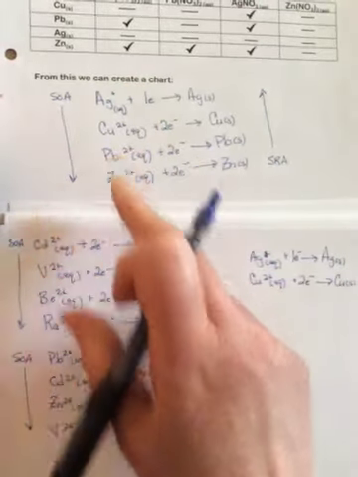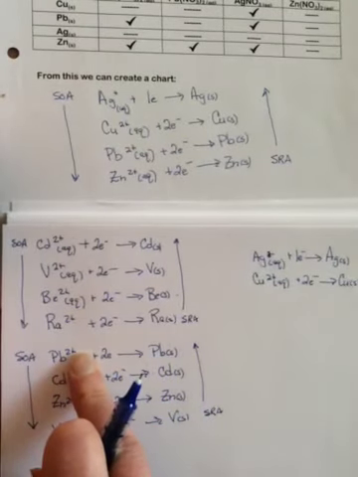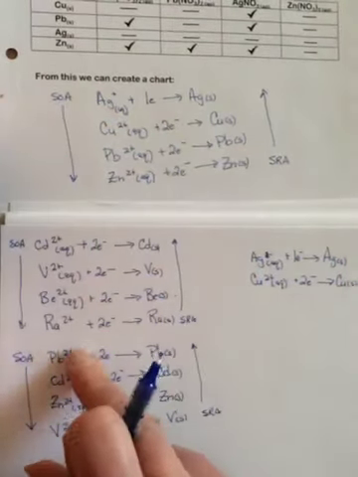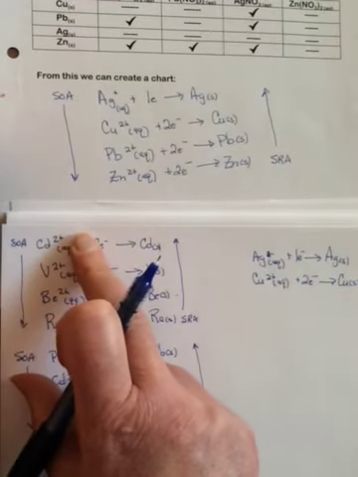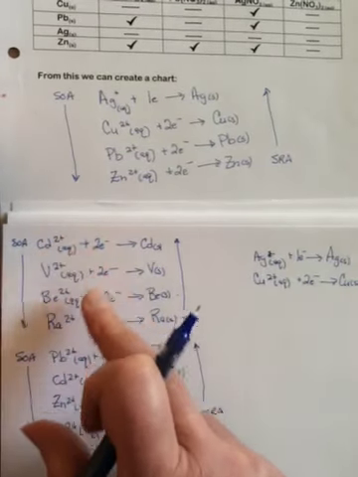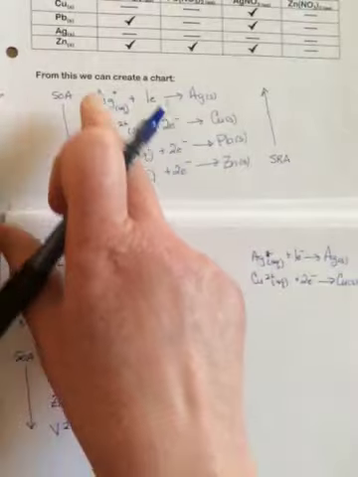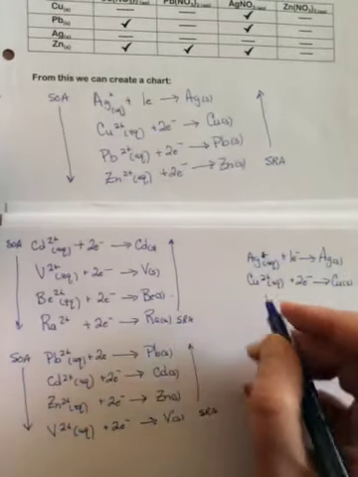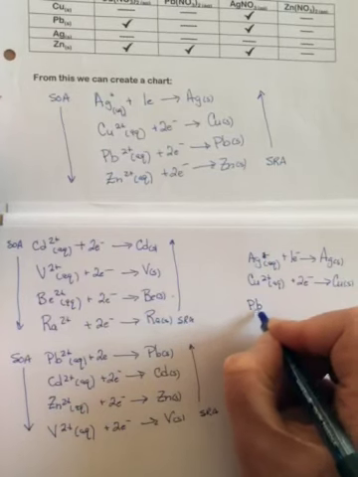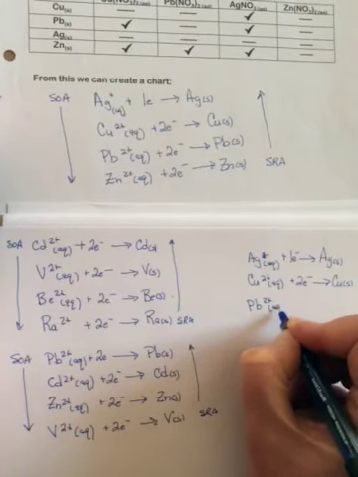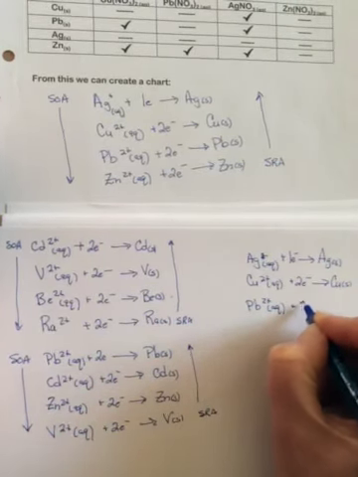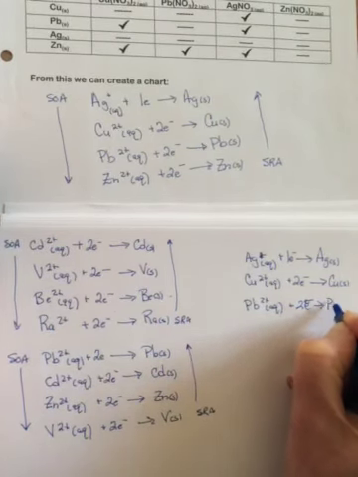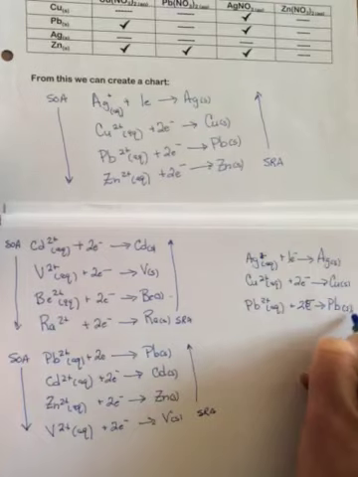Because lead's underneath copper and lead's on the top of the third table, so lead can't be above them. And under lead on the third table is cadmium, which is on the top of the second table. So silver and copper have to be the strongest, followed by lead: Pb2+ aqueous plus 2 electrons going to Pb solid.